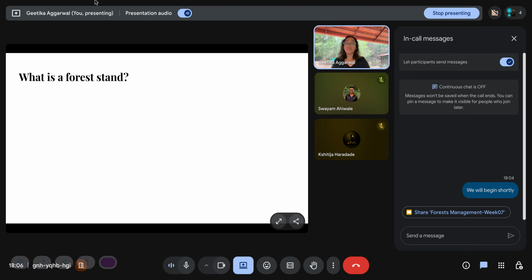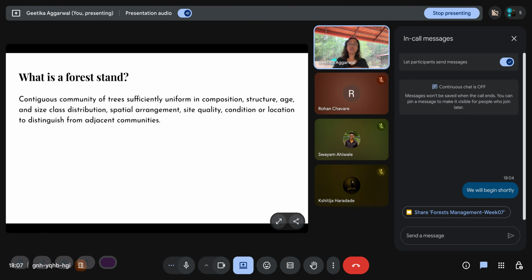Okay, if not, a forest stand is basically just a continuous community of trees which is sufficiently uniform in composition. In that community of trees, the composition should be more or less uniform throughout that particular area, and the structure should be uniform. Age and size class distribution is more or less uniform throughout the area, and you are able to distinguish this particular patch from another patch.